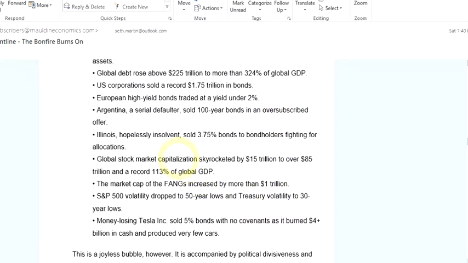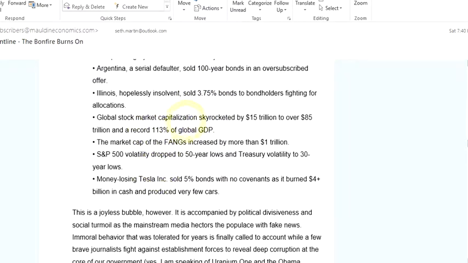That means there were more people who wanted to buy them than they were selling. Illinois, hopelessly insolvent, sold 3.75% bonds to bondholders fighting for allocations. So here's a state that's almost for sure going to go bankrupt, and they sold bonds at 3.75%. That means a lot of money came in for this 3.75%. They got paid a lot for these bonds.